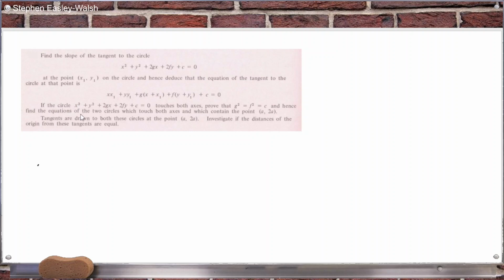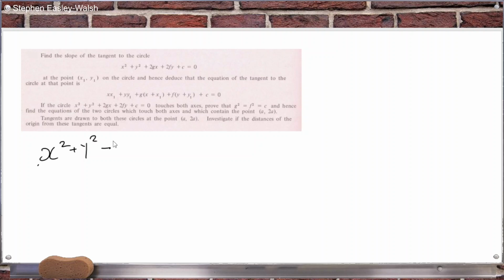And hence find the equation of the two circles which touch the axis and which contain that point. So the circle is going to be x squared plus y squared plus, now do I want to replace the g and the f?